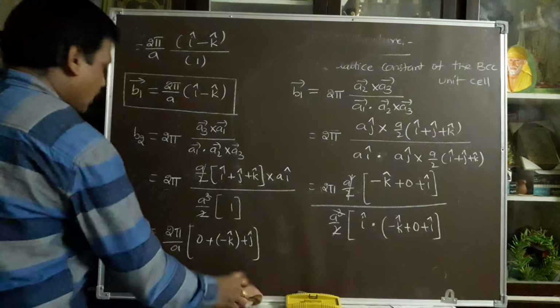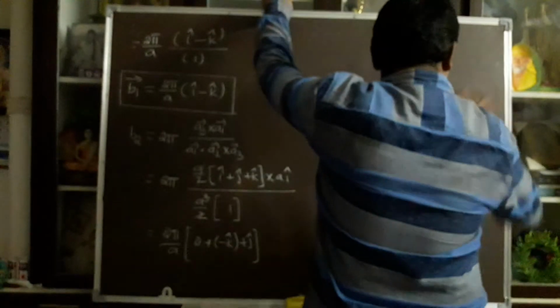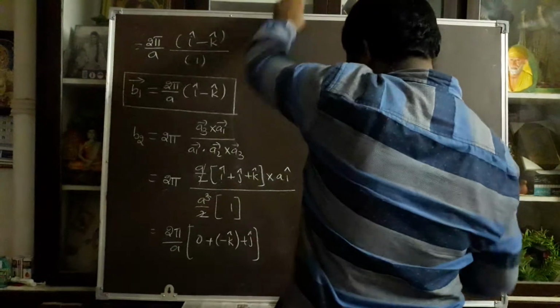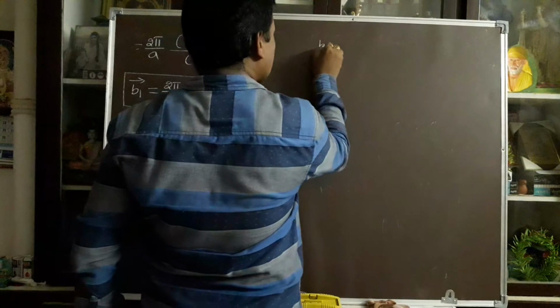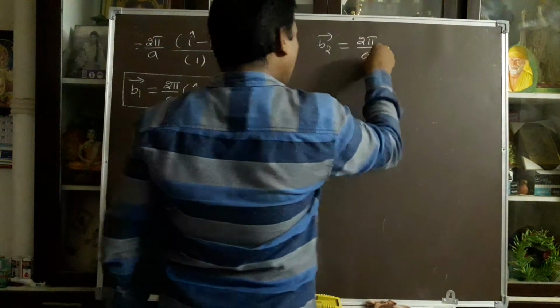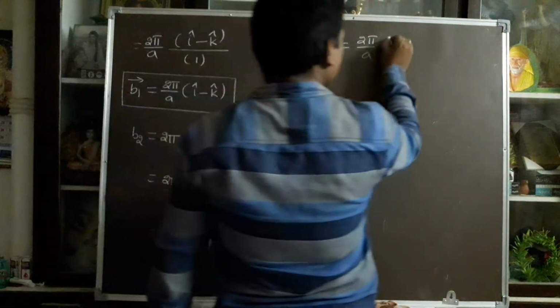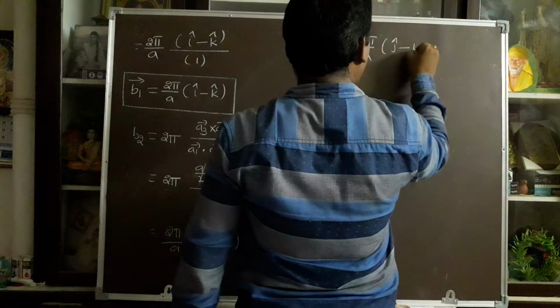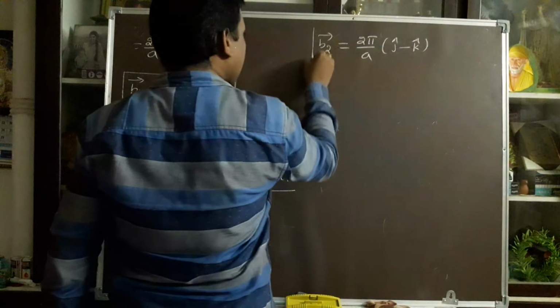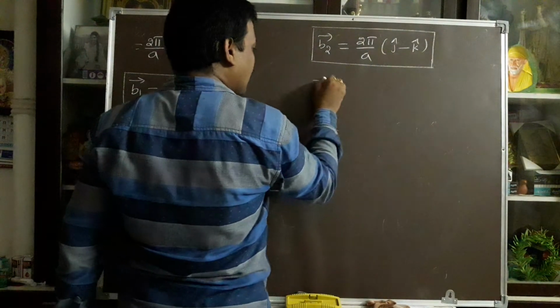So you get the reciprocal lattice along the y direction. The y direction reciprocal lattice B2 bar is equal to 2 pi by a into j cap minus k cap. This is the second vector.